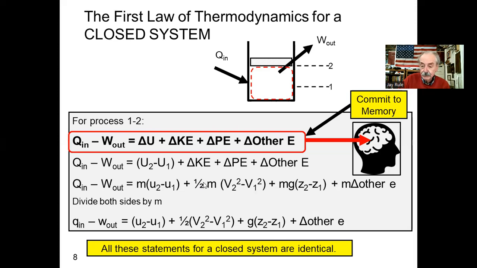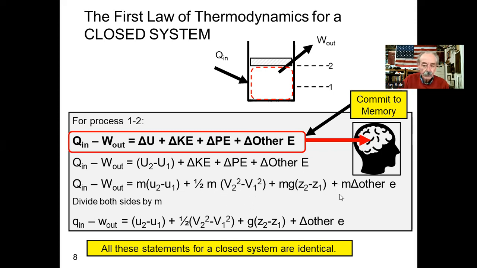The kinetic energy term, you probably remember that from physics in high school. The change in kinetic energy is 1/2 m times v2 squared minus v1 squared. That's an expression of the change in kinetic energy of the closed system.